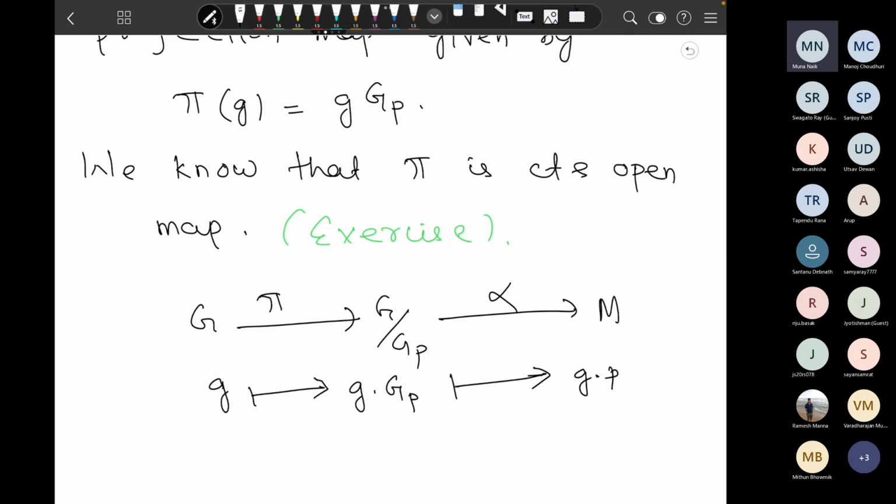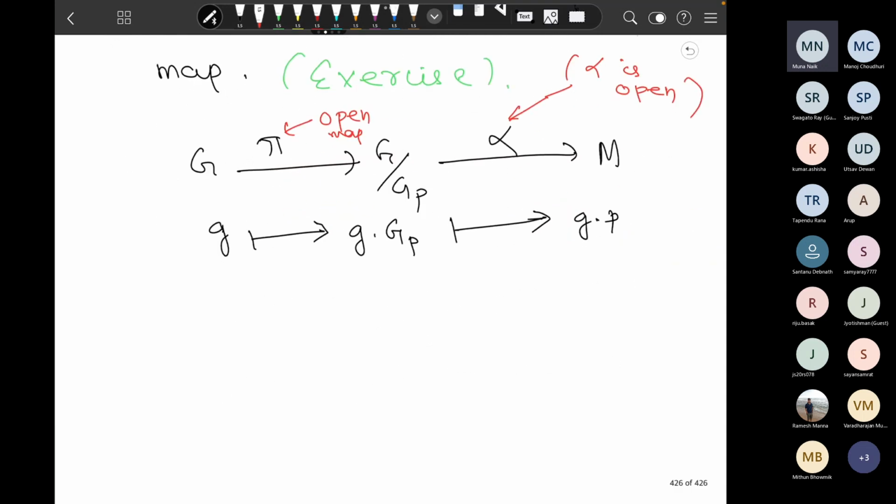Now pi is an open map. Alpha is a homeomorphism, so therefore alpha is also an open map. So alpha is open since alpha is a homeomorphism.